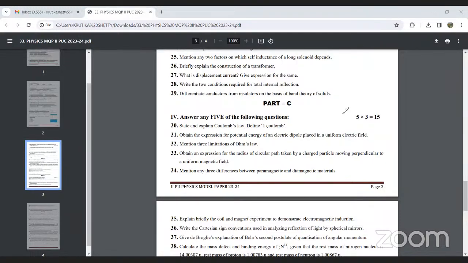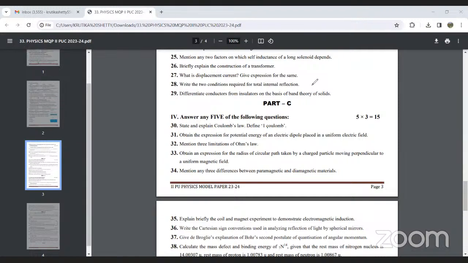For 1 coulomb, you can also write that definition: two similar charges are separated by a distance of 1 meter and experience a force of 9 into 10 raised to 9 Newton. That also you can write. Usually we write it for the ampere. While defining the ampere, we use that statement. For 1 coulomb, you can use this statement, no problem.